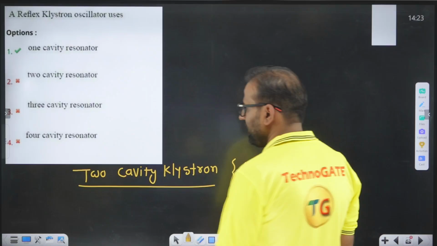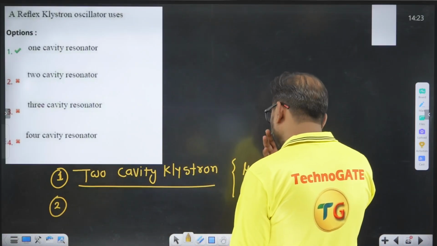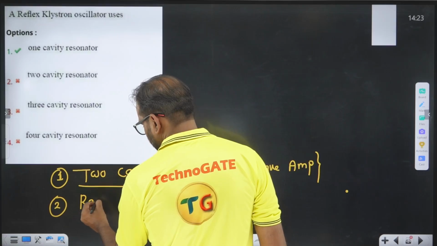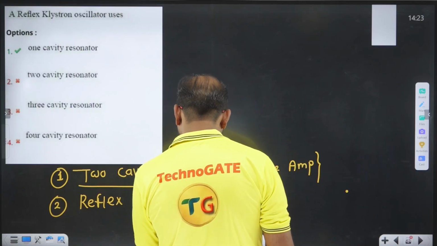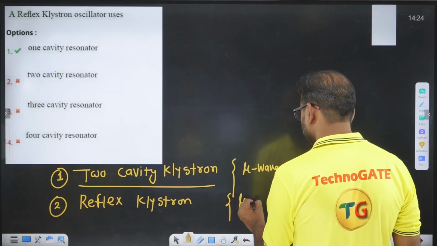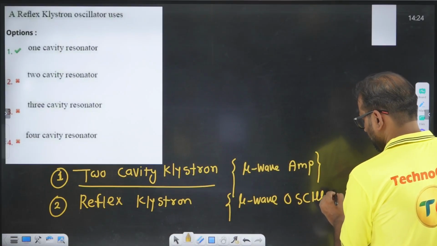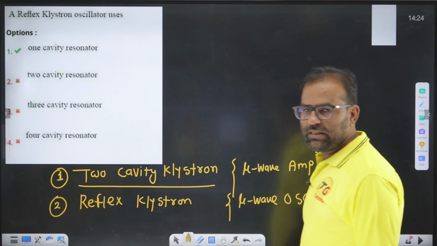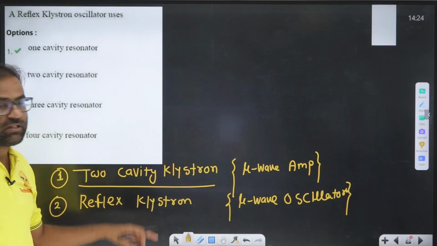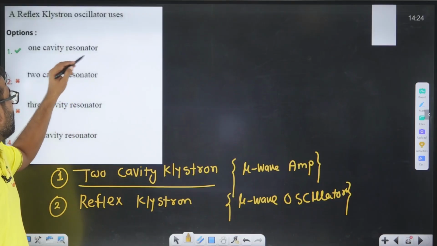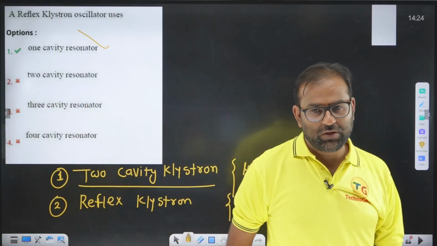And another thing we have is the reflex klystron. This is known as a microwave oscillator. It has only one cavity, the buncher cavity, whereas the two cavity klystron has both buncher and catcher cavities. And one more thing is the magnetron, which is a resonator.